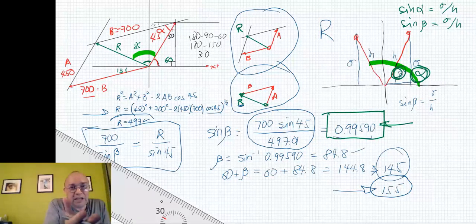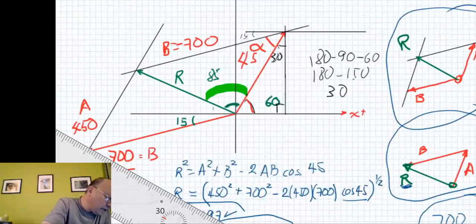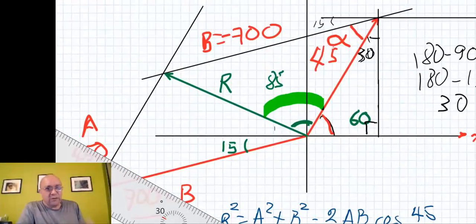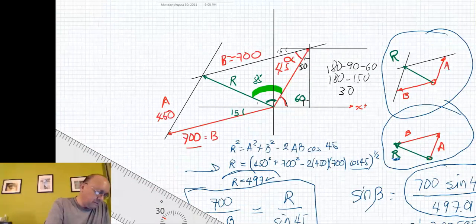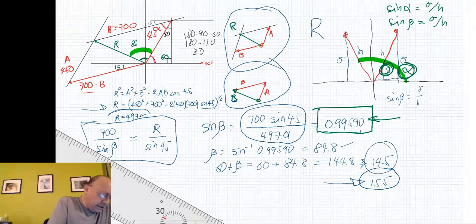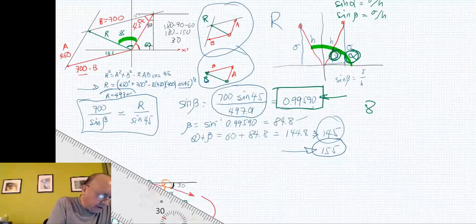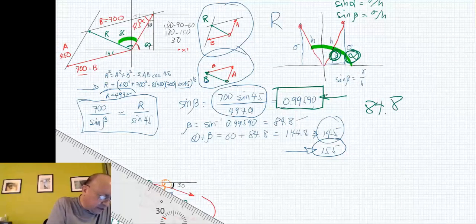And since both have the same sine, how can we know which one is the good one? By looking at a graph that is well done. There is no other way to know that the right answer is not 85, but 95. This 84.8 is actually 95.2.